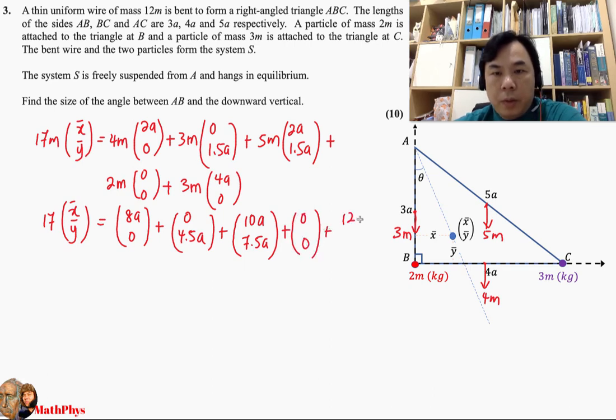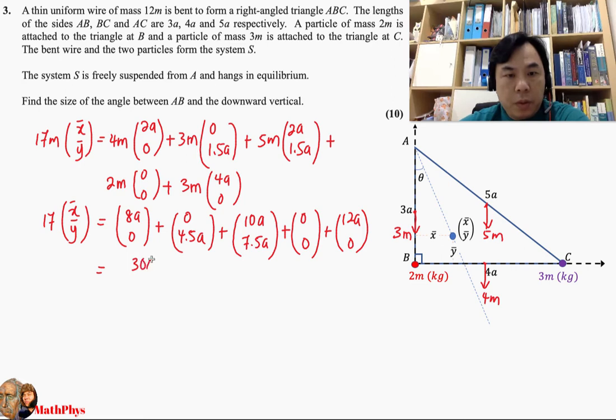And then finally we have 12a and 0 here. If we try to simplify this, we have 30a, and then this is 12a here. Therefore, I can conclude that based on this configuration, I can write this as 30 over 17a, and then 12 over 17a here.